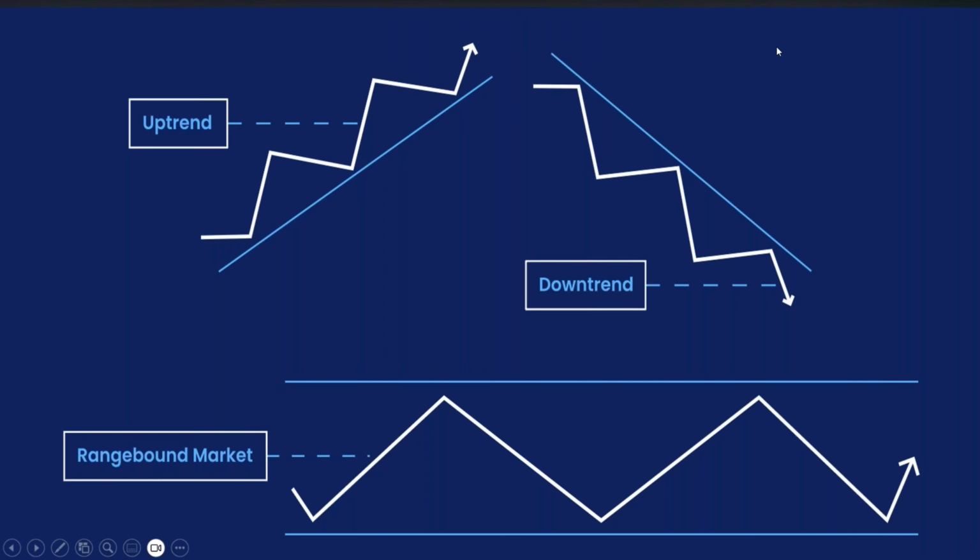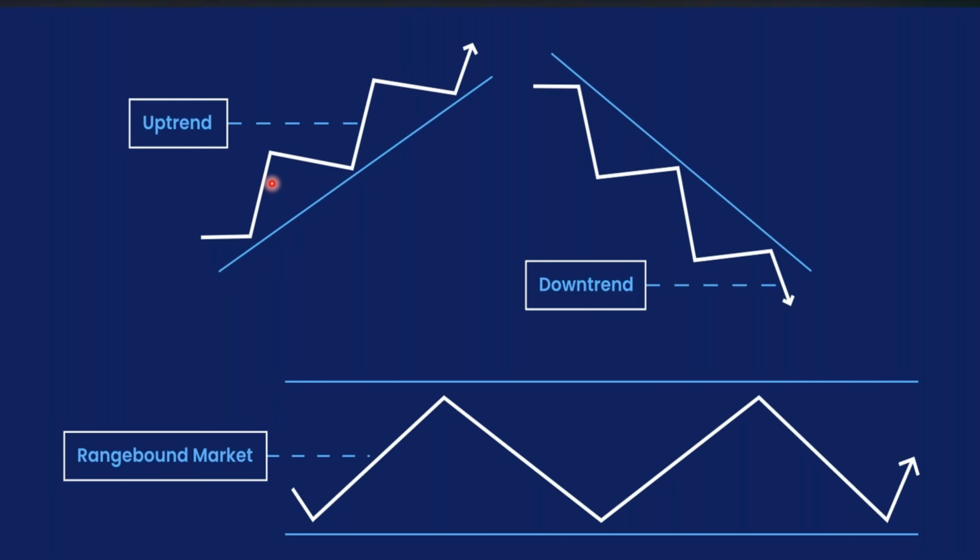So this is the trend as technical analysis defines it. It's higher highs, as you can see. If you just let me use this laser pointer, you can see this is a higher high and this is a higher low. So the uptrend is actually this line, we draw it by ourselves, but the market is actually moving up and down, up and down.